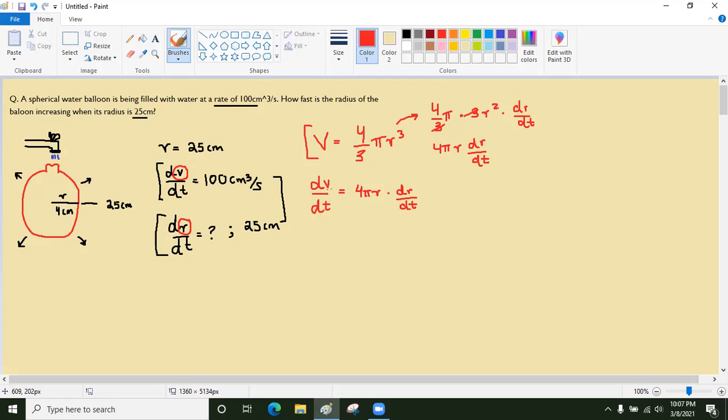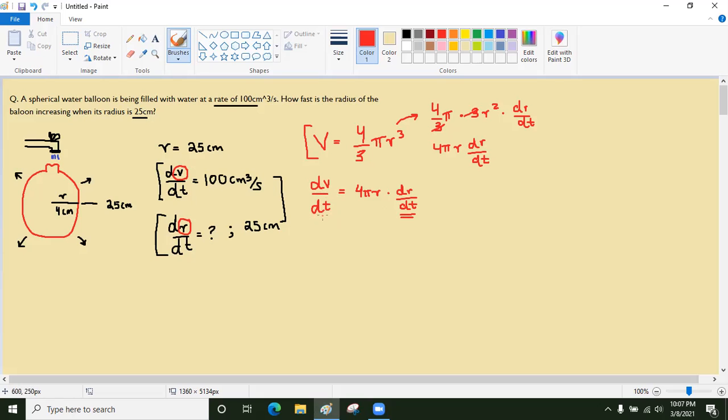That is to say, we want to find dr over dt, but we want to do so once we have all the values for the other variables. So we know what dV/dt is, and the idea here is to plug in all the values that we know to eventually solve for dr over dt, which will be a concrete value if we do it algebraically.